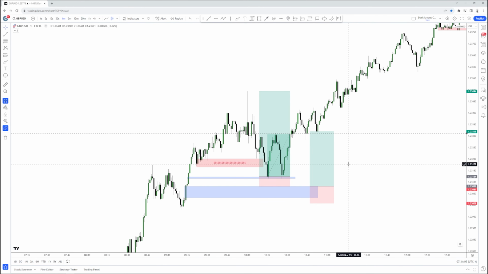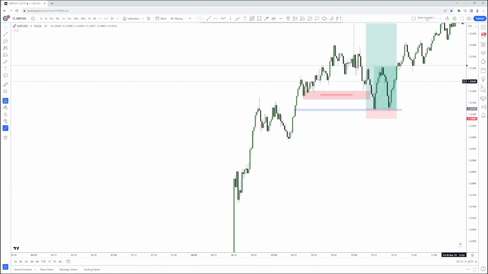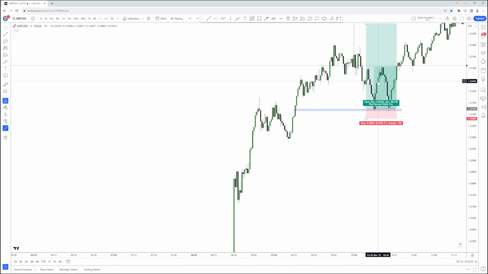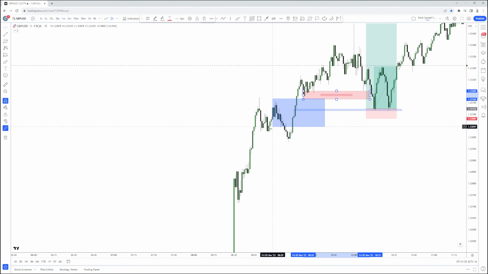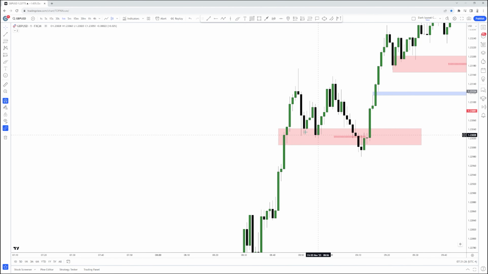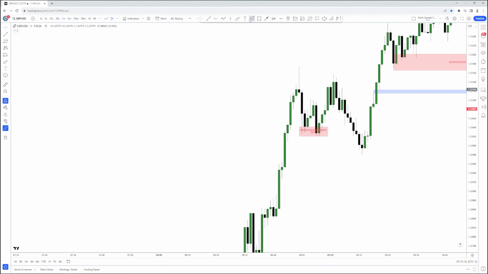And of course I advocate that you will be closing partials along the way, but you can go ahead and target aggressively. Okay, so this is something that is working again and again and again. Even here, let's bring back those areas. Even here, if you are very aggressive with the strategy, you can say that my equal lows were those ones right here. This and this, so those are my equal lows in this occasion.